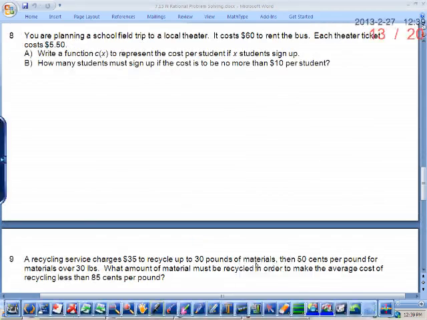Okay, you're planning a school field trip to a local theater. It costs $60 to rent the bus, and each theater ticket costs $5.50. Write a function, c of x, to represent the cost per student if x students sign up. So it's not asking you for the total cost. It's asking you for the cost per student.